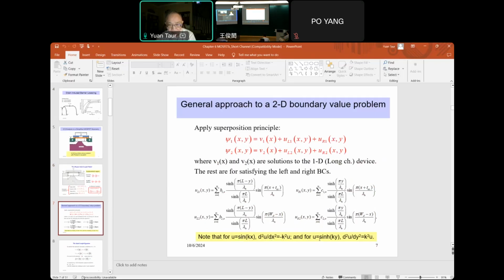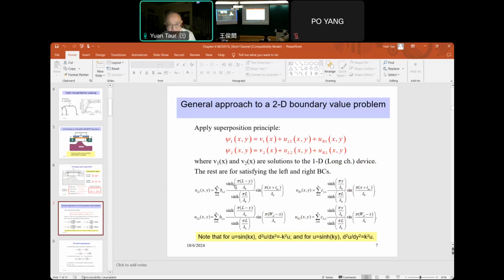But if u is sinh ky, you take two derivatives, sinh becomes cosh, and back to sinh with no negative sign. So for sine, two derivatives give minus k squared u. For sinh, two derivatives in the y direction give k squared u, and you add them to 0.